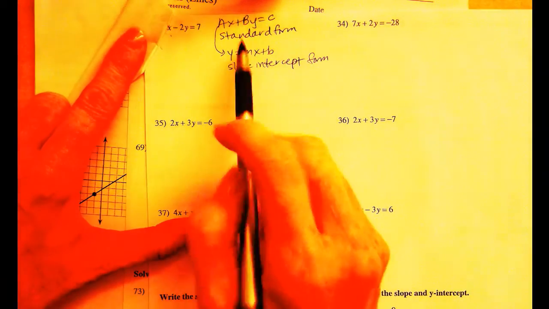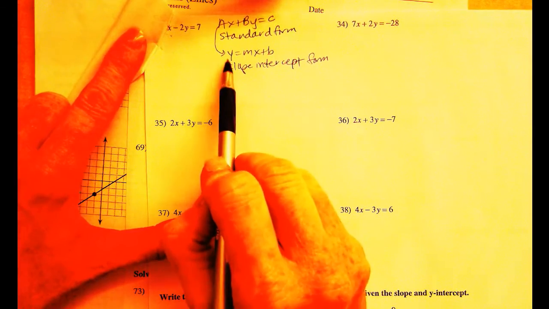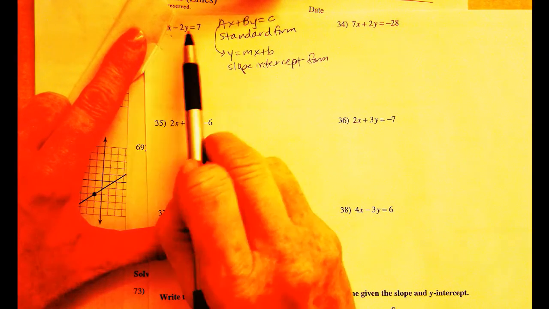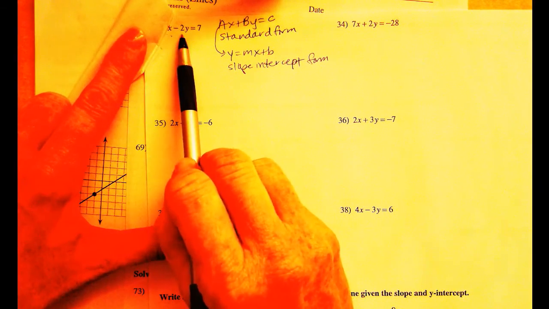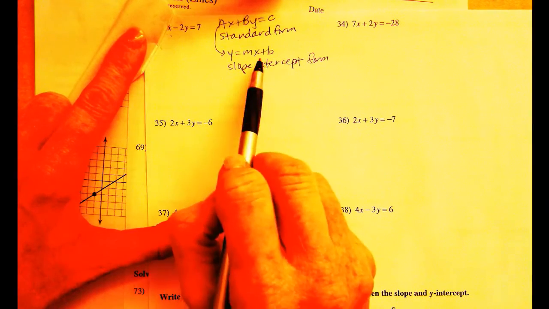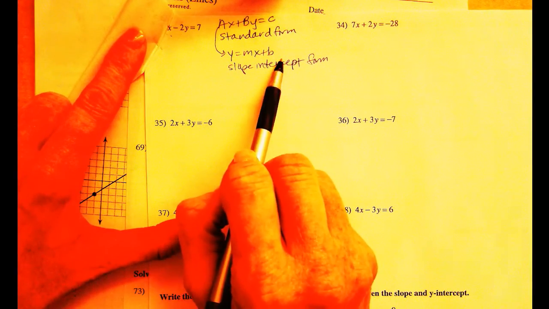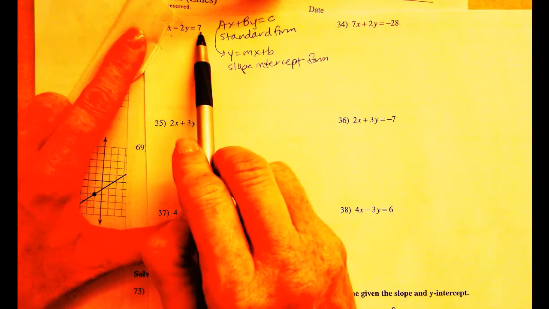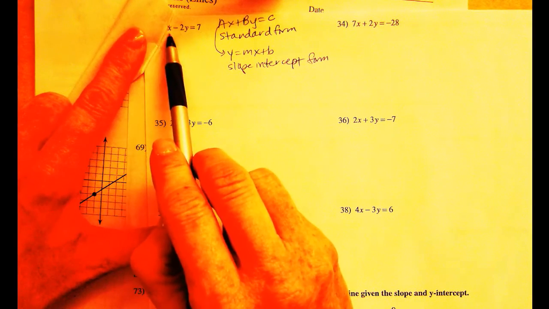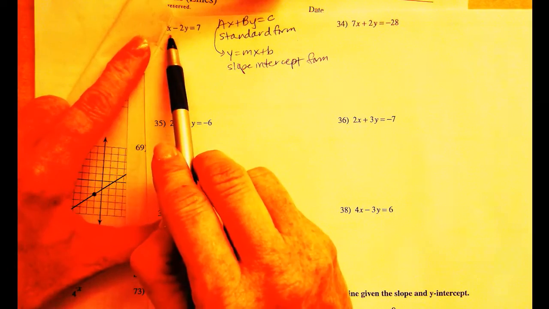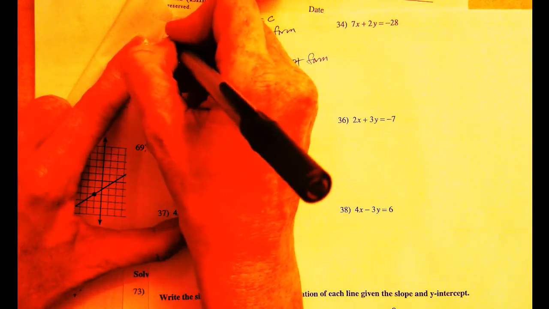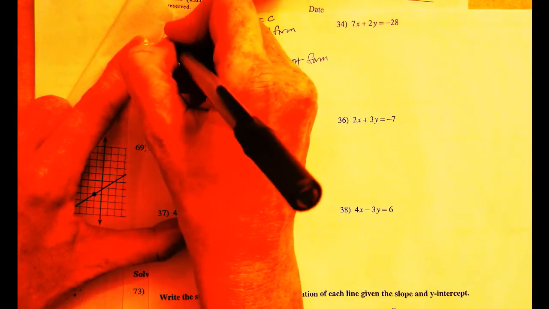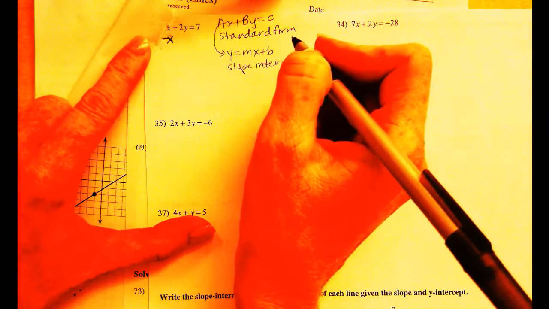So we know to get to this form, we want our y term on the left, and we already have it on the left, so that's helpful. We want our x term on the right, and we want our constant on the right. Well, the constant is there, but our x term is over here on the left. Okay, it looks like that's a positive x, so the way we're going to move that out of the left side, since it's positive, we're going to subtract it.